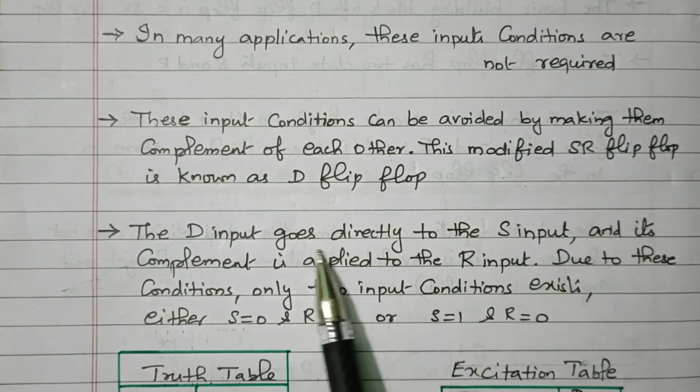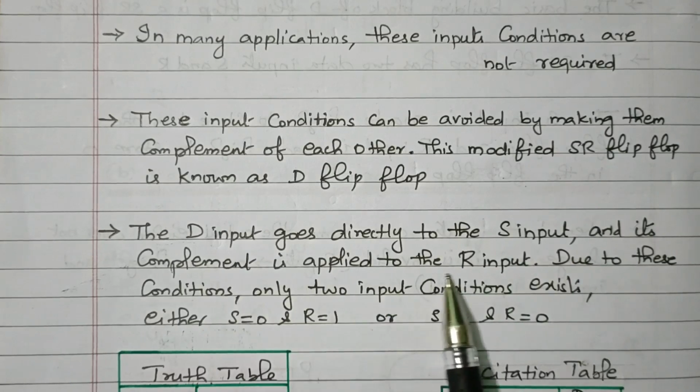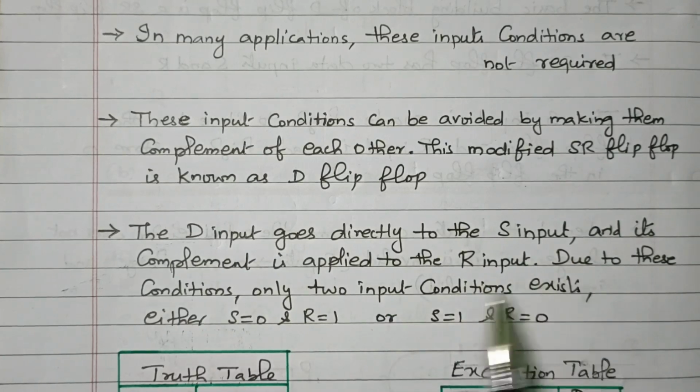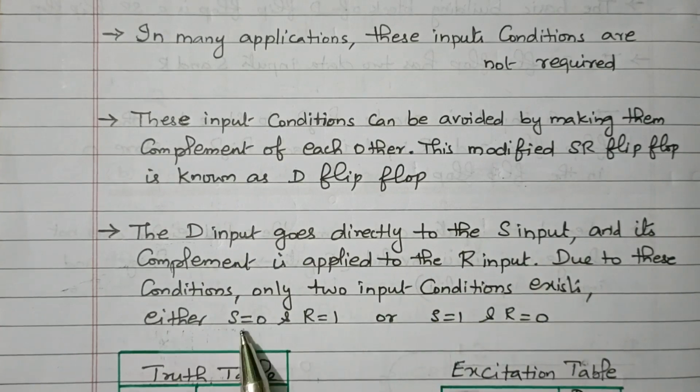The D input goes directly to the S input and its complement is applied to the R input. Due to this condition, only two conditions exist: either S equal to 0 and R equal to 1, or S equal to 1 and R equal to 0. Only these two conditions are available. The no change and invalid conditions, 0, 0 and 1, 1, will not occur.